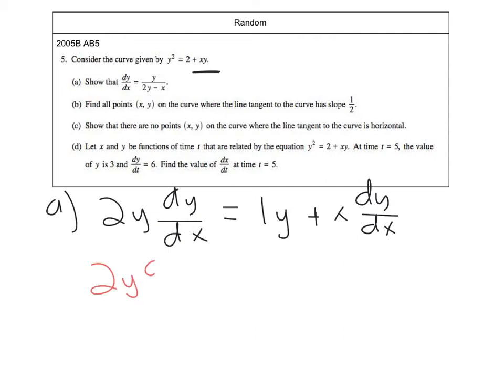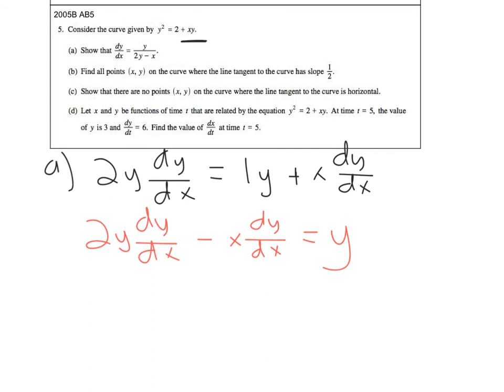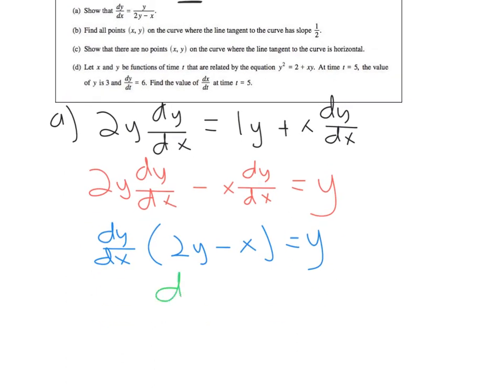So 2y dy dx minus x dy dx equals y. Factor dy dx, 2y minus x is y. And then the last piece, dy dx is y over 2y minus x.